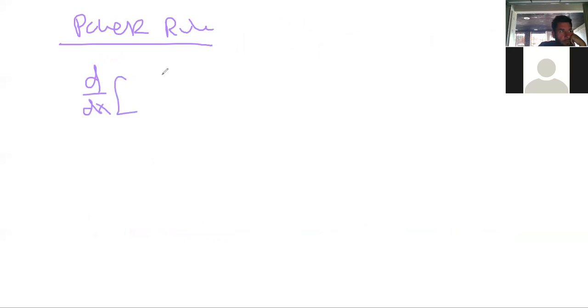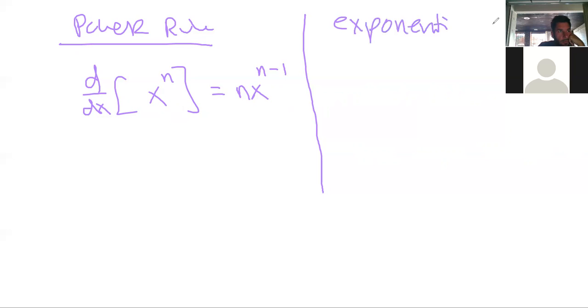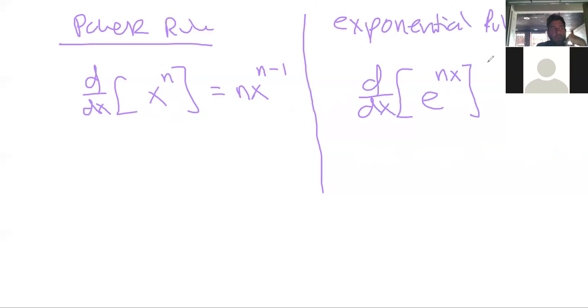So the power rule says the derivative of x to the n is nx to the n minus 1. But the exponential rule, if you notice, there's a very big difference here. Here, the base is e, and the variable is x. And for the exponential function, the variable is in the exponent.